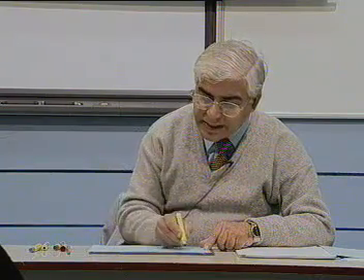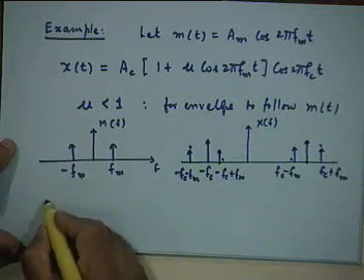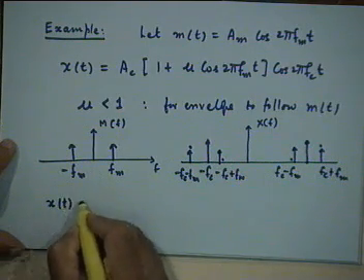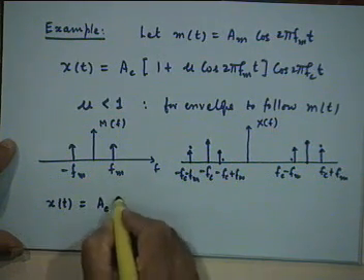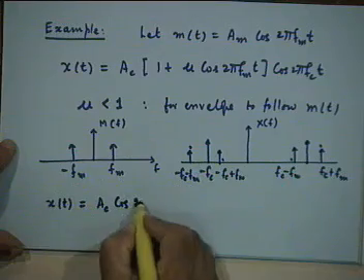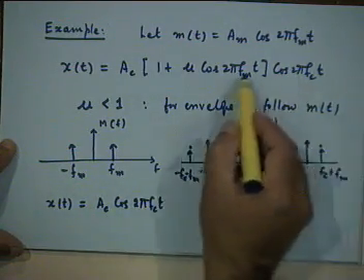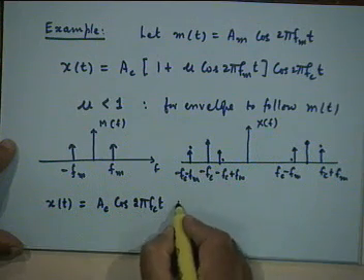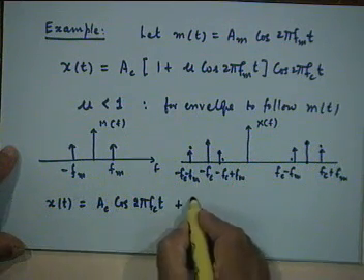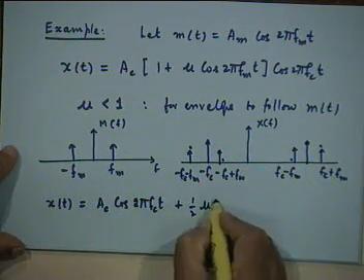So if you were to write this expression in terms of the various components present in the signal, it is the carrier component, which is A_C cosine 2 pi fct, and by using trigonometric identities, you can write the rest of them in terms of the two sideband components.